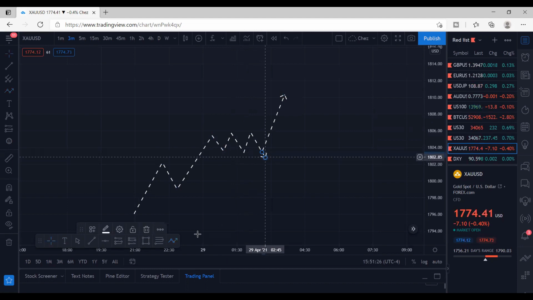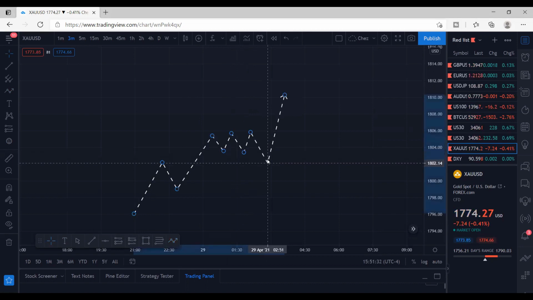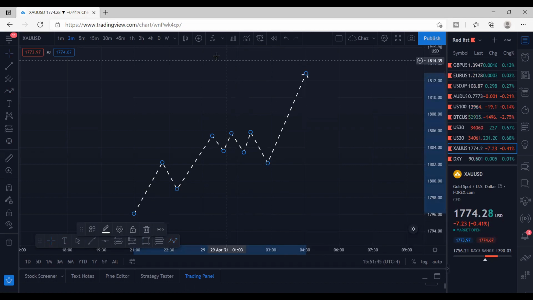Normally, sorry, let me delete that. Normally what would happen is you would have a fake out to the bottom and then a push up. So you would expect that price would eventually come back down to this area right here and continue up, creating higher highs.